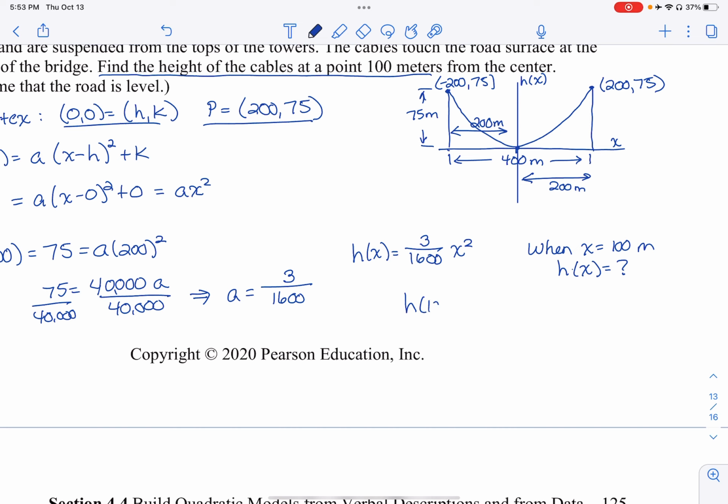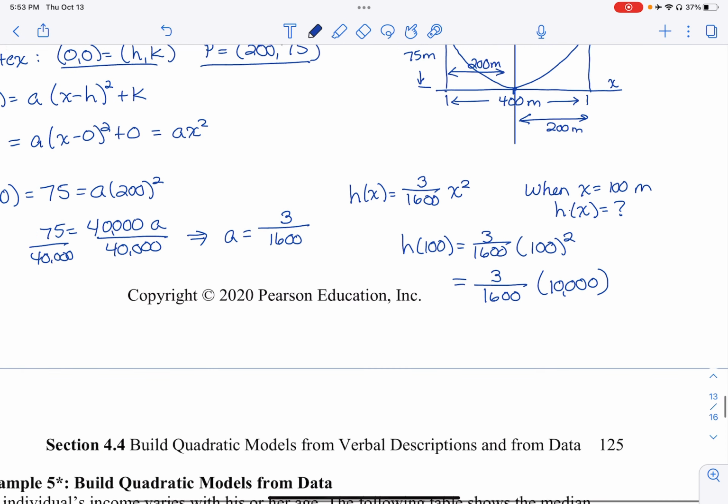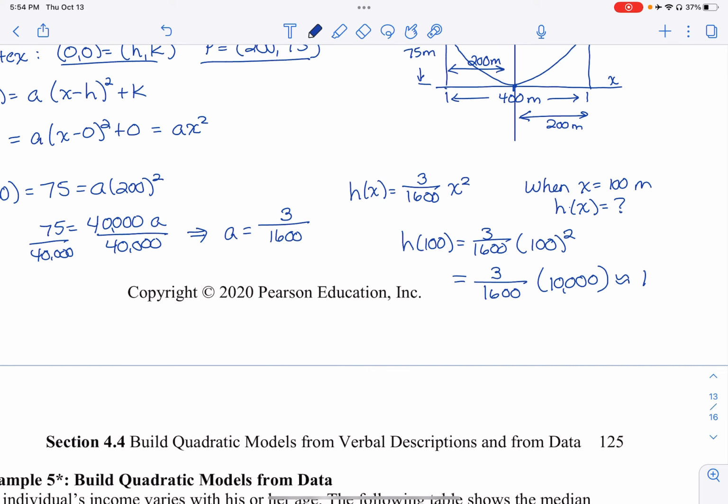We have h of 100 is equal to 3 over 1,600 times 100 squared, which is 10,000. If we put that into our calculators, 3 times 10,000 divided by 1,600, I'm going to come up with a height of right around 18.75 meters. And that's going to be the answer for the question.